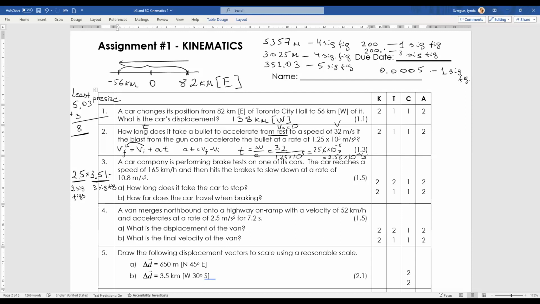So when you enter this on the calculator, 2.5 multiplied by 3.51, you get 8.775. We don't need so many sig figs. The first number had only 2 sig figs, so we need to round to only 2 sig figs, using the rules of rounding. To leave 2 sig figs, 8 and 7, you check the third one.